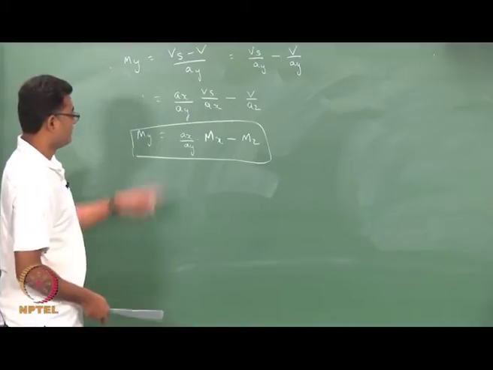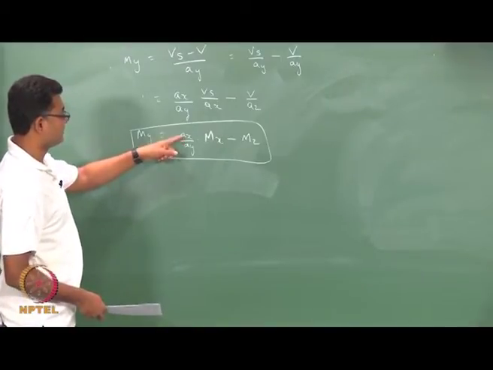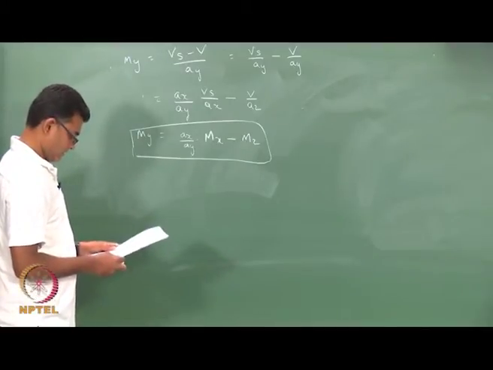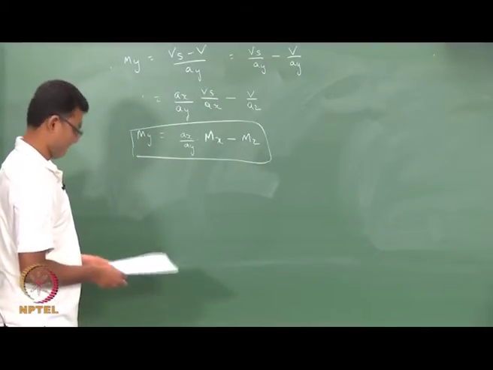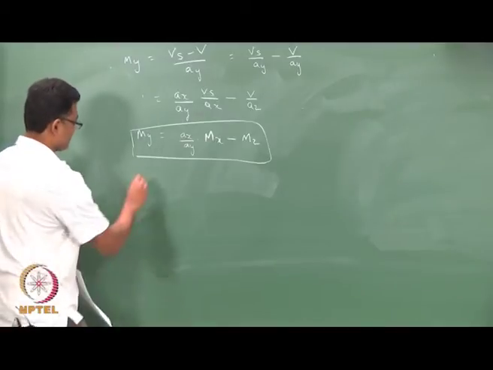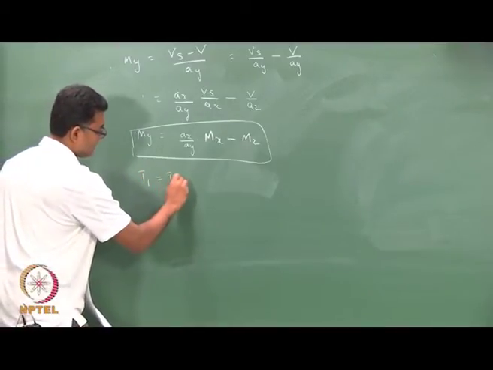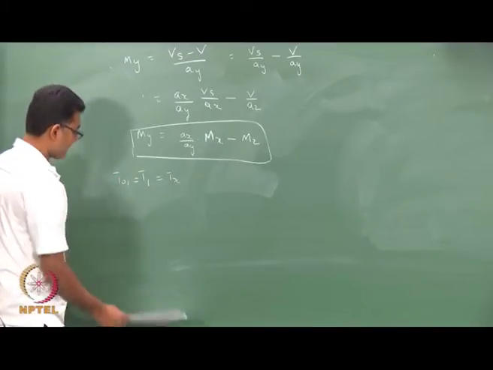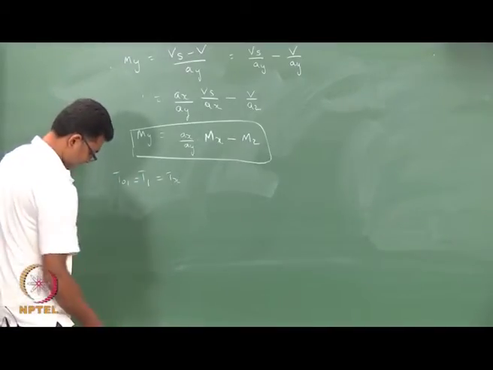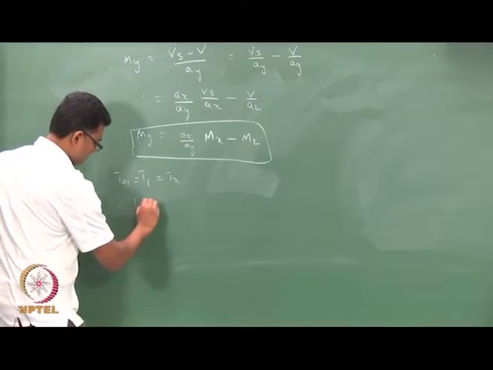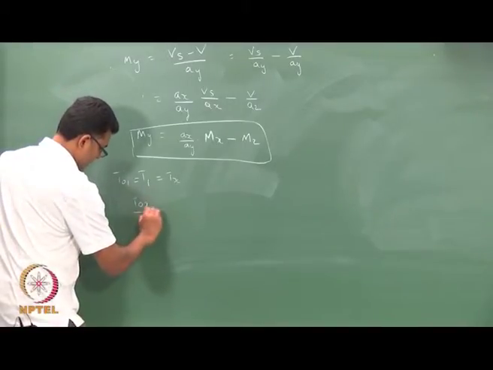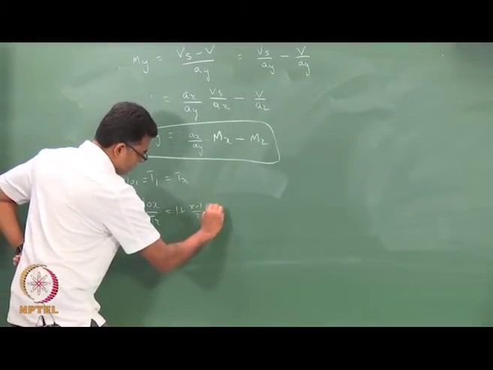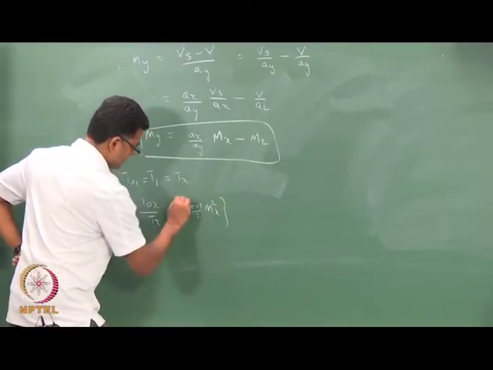Okay. So, if I replace this with gamma RT, I can write it in terms of T. Now, we know T1 equals Tx, which is also T01. So, T0x by Tx is 1 plus gamma minus 1 by 2 into Mx square.